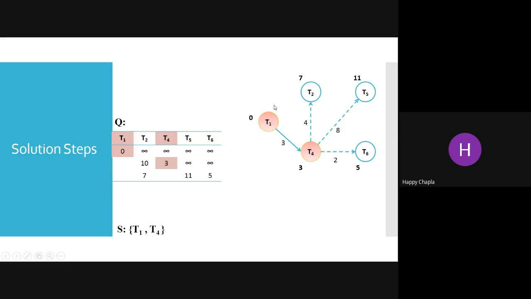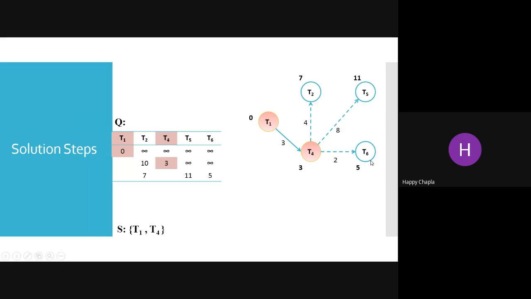Now from T1 to T4 to T5, if I want to reach, then what is the total cost? 8 plus 3 equals 11. So I am replacing my infinite with 11. Now if I want to reach T6, the cost is 3 plus 2 equals 5.